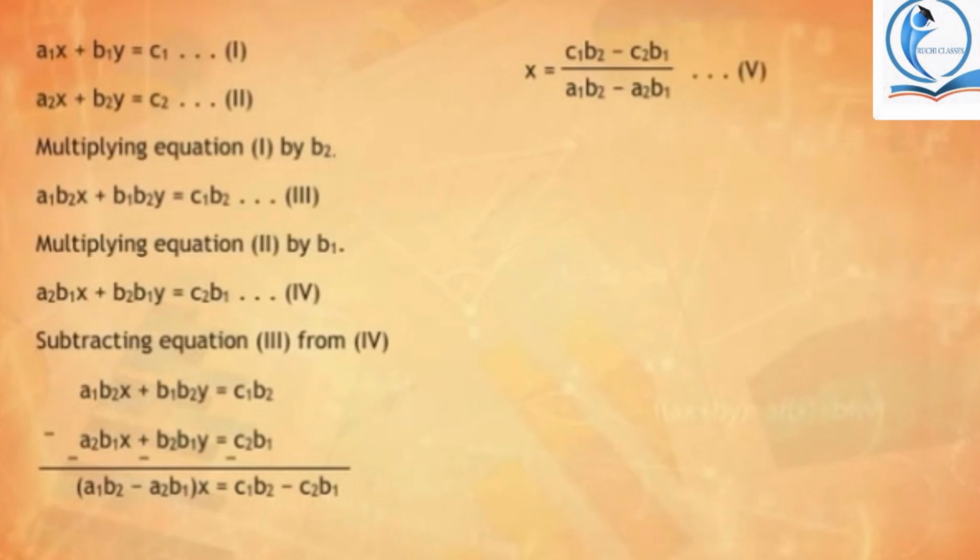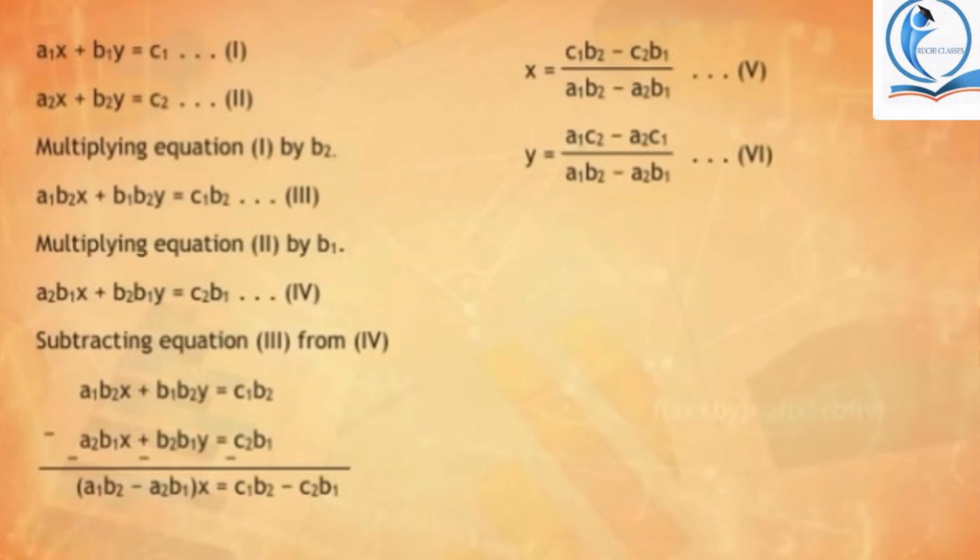This is our equation number 5. Similarly, y is equal to (a1 c2 minus a2 c1) divided by (a1 b2 minus a2 b1). This is our equation number 6.